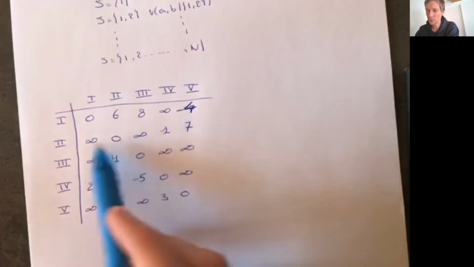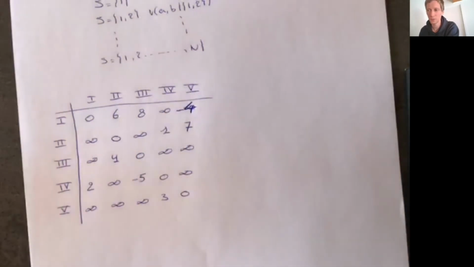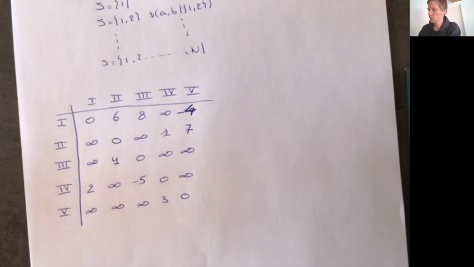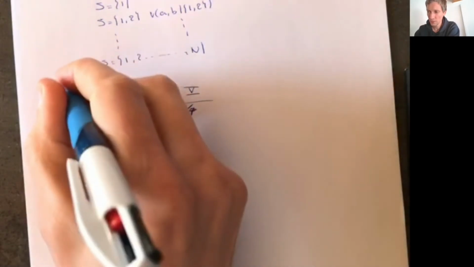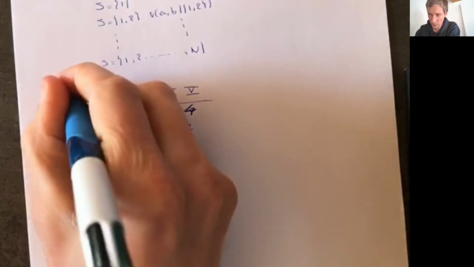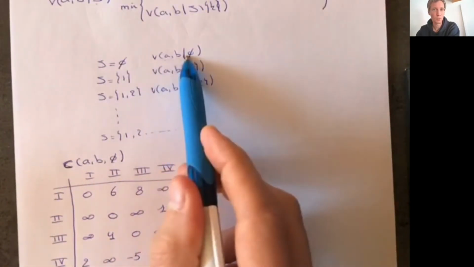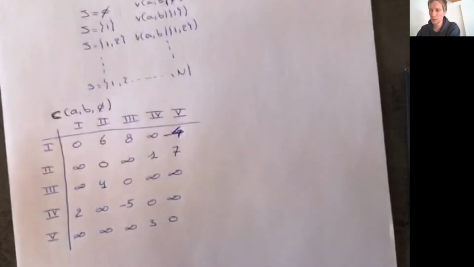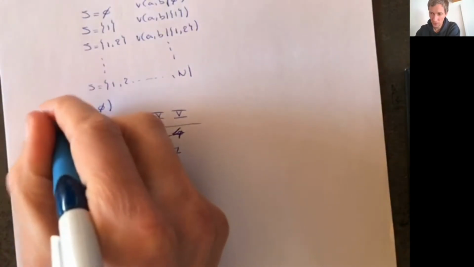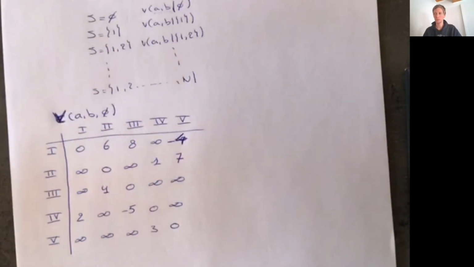And I have put infinity if there's no direct link, right? So there's no direct link between 1 and 4. So here I put the cost infinity. So this matrix lists the value V of going from some node A to the other node B using the empty set as intermediate nodes, right? So this table gives all the values of this function here. Okay, so it should be V, sorry. The cost of going from A to B using 0 as the intermediate nodes.